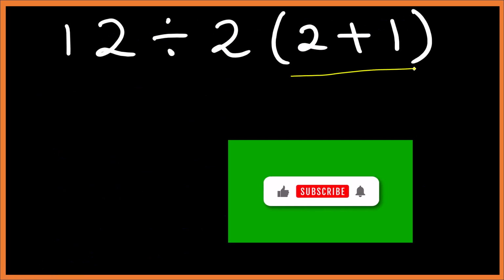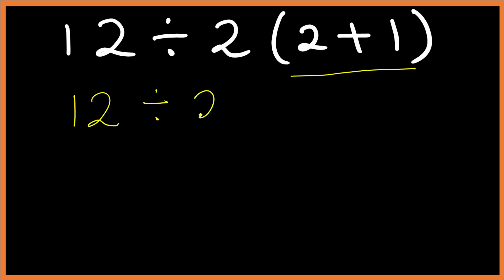So it has been said that if there is a parenthesis in the expression, I'll deal with it first. So we have a parenthesis here, that's the bracket. So we have 12 divided by 2, so 2 plus 1 is 3. Now we have a solution to this.